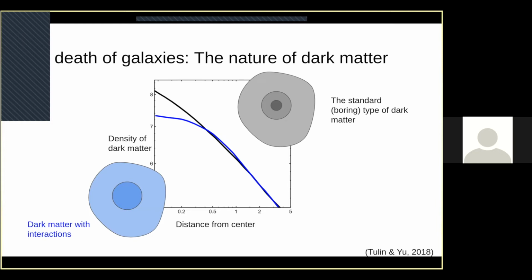And what we would really like is to find some evidence that there is an interaction between them. And the reason that we would like that is because if there's an interaction between them, that means that if we understand that interaction, we understand some of the physics of that dark matter particle. And the thing is that if you change the physics of the dark matter particle, you change the way that a dark matter halo looks.